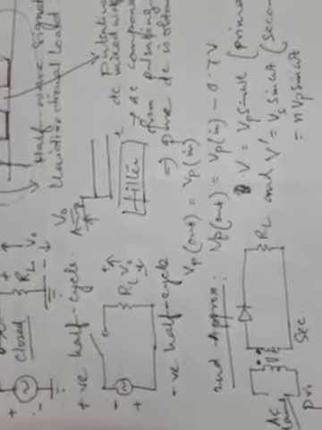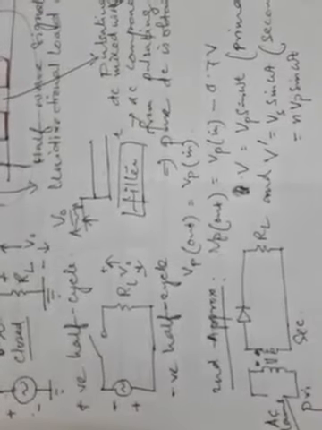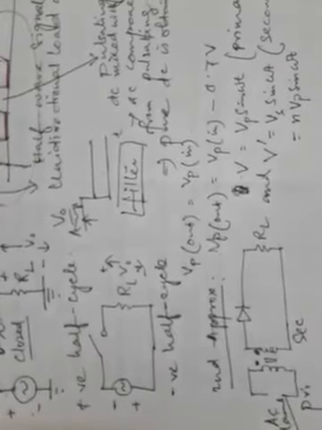Vs sine omega t equals N Vp sine omega t, where N is the transformer secondary to primary turns ratio.